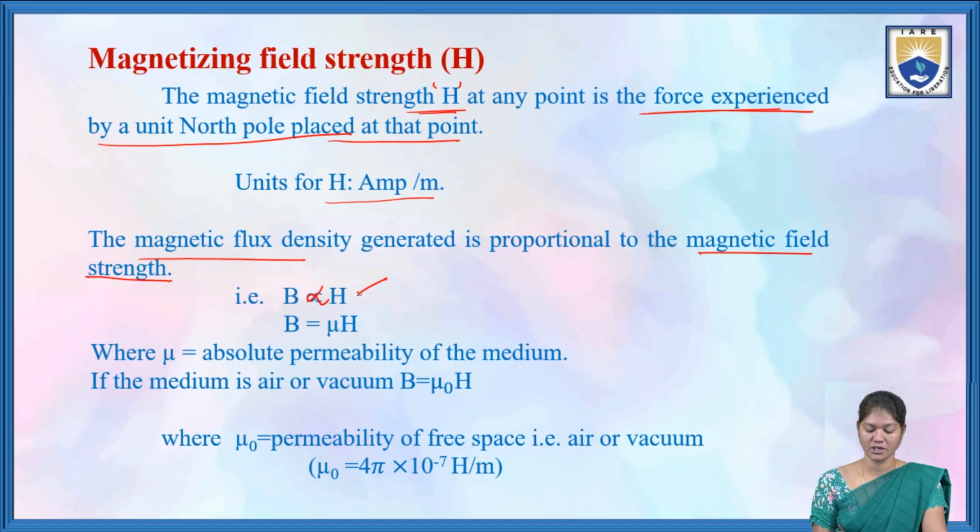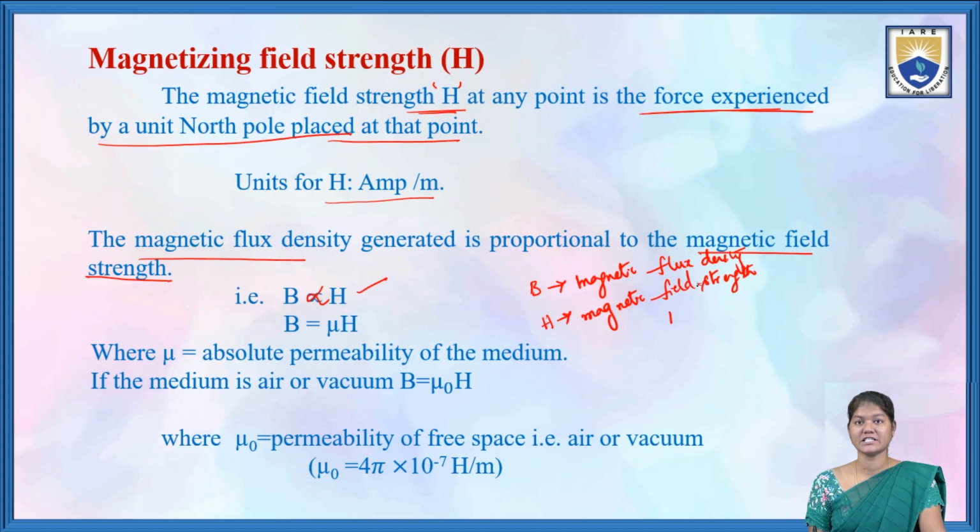So B is the magnetic flux density, and H is the magnetic field strength. The magnetic flux density is proportional to the magnetic field strength.